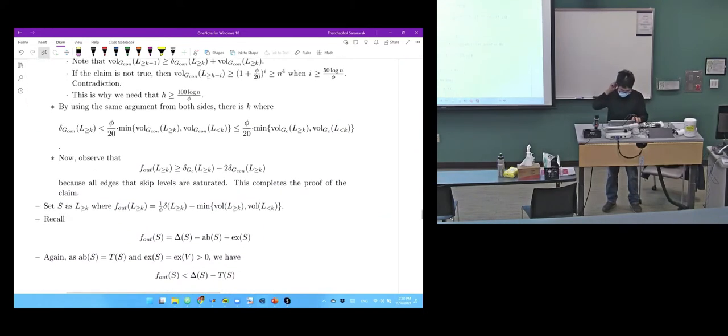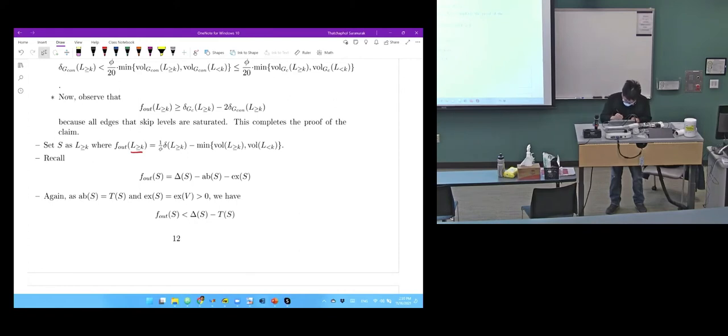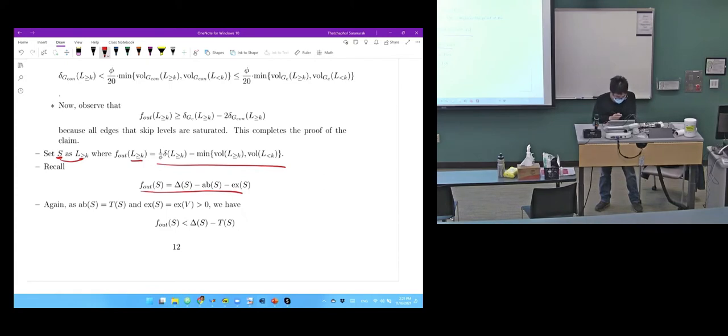So once you find such a level such that the flow is almost saturated, then let's set S to be such a level. Okay. And recall that you have this equality, right? And what is this again?